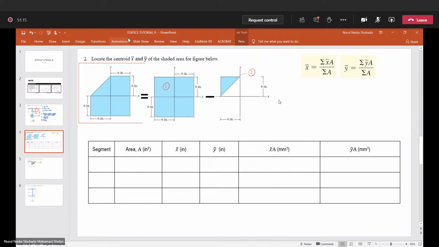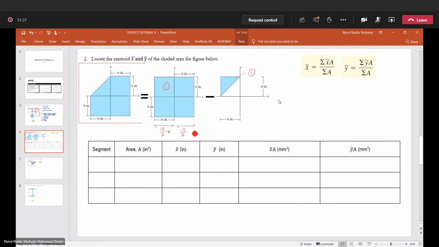So same goes here. Here you divide by 2, you get 6.